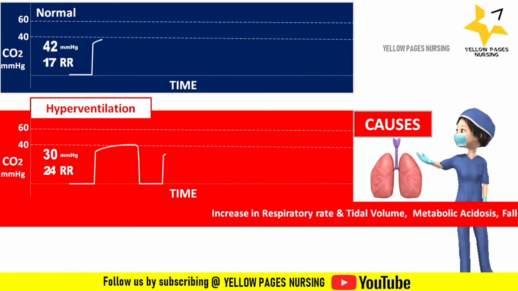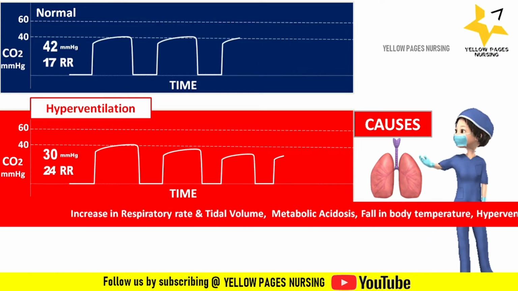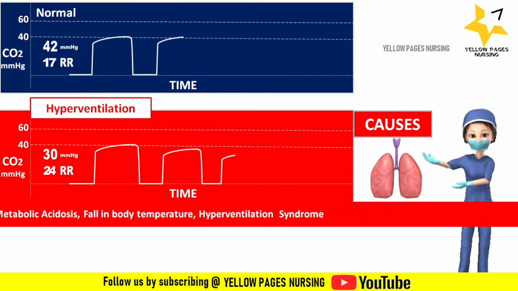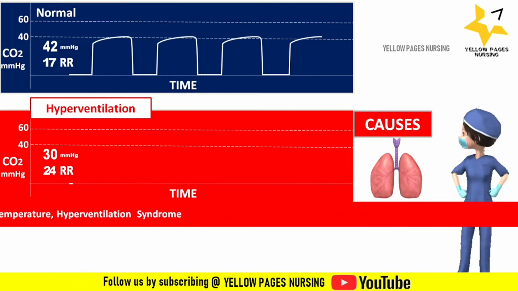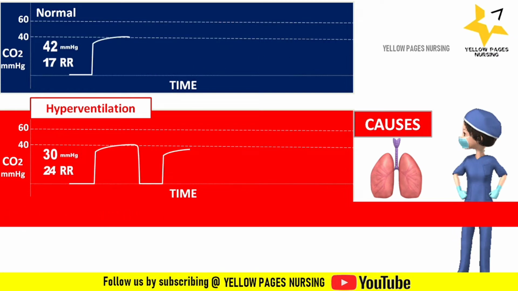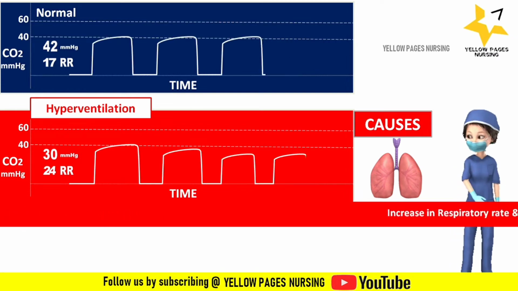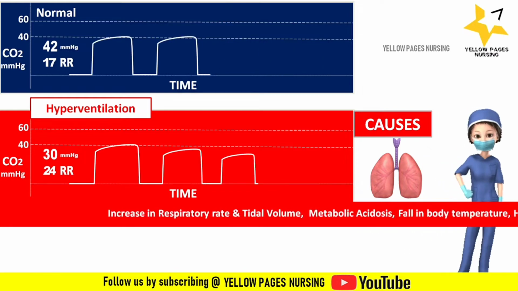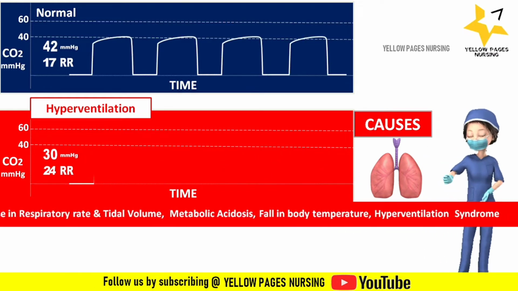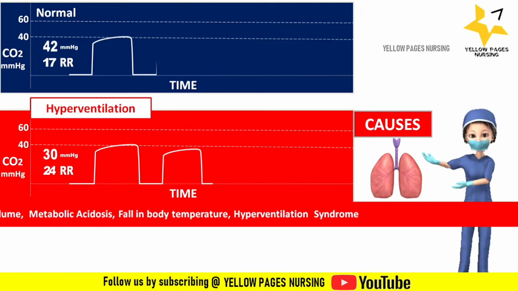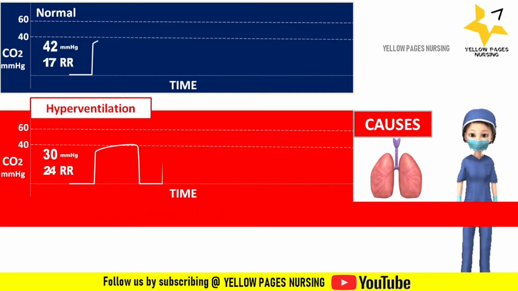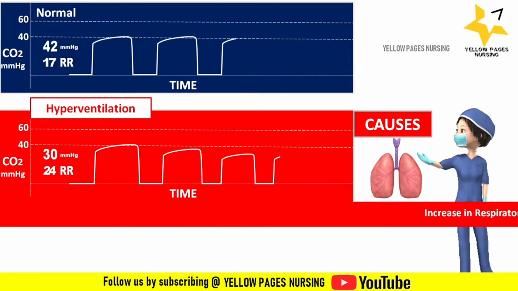The causes for hyperventilation are increase in respiratory rate and tidal volume, metabolic acidosis, fall in body temperature, pulmonary embolism, hyperventilation syndrome, etc. This image shows the short-term trend of hyperventilation waveform. When you have a look at the long-term trend of the waveform, it gets even narrower than this.